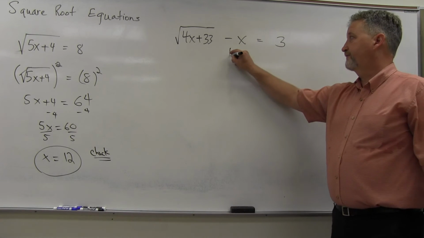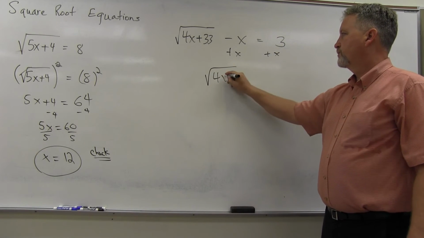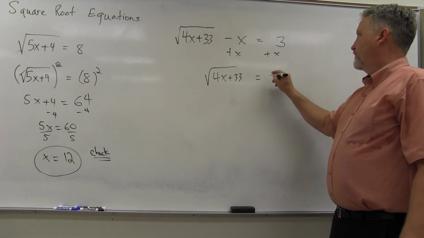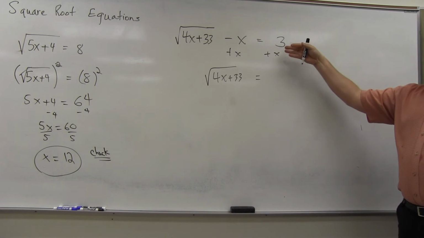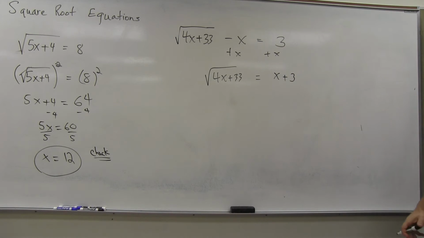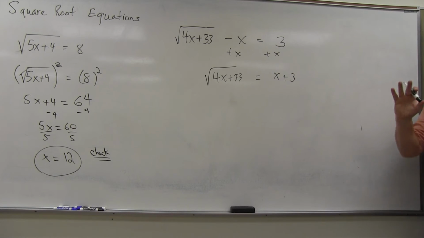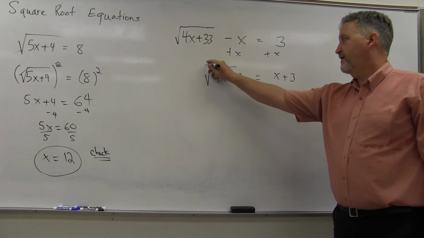So I'm going to add the x first of all to get the square root by itself. And then the other complication, that doesn't combine. It's just x plus 3, isn't it? Or 3 plus x. But we do have the square root on a side by itself. And so we can do our squaring of both sides now.